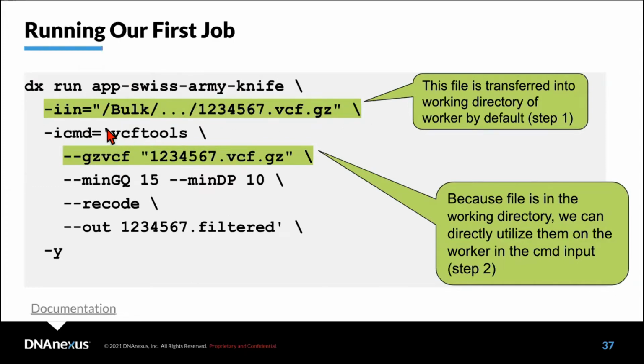And the icmd parameter here is the one we were talking about a few seconds before, the VCF tools filtering and outputting. And -y is because the dx toolkit will ask us if the settings are okay and if it can run the command, and we would like to answer yes to that.